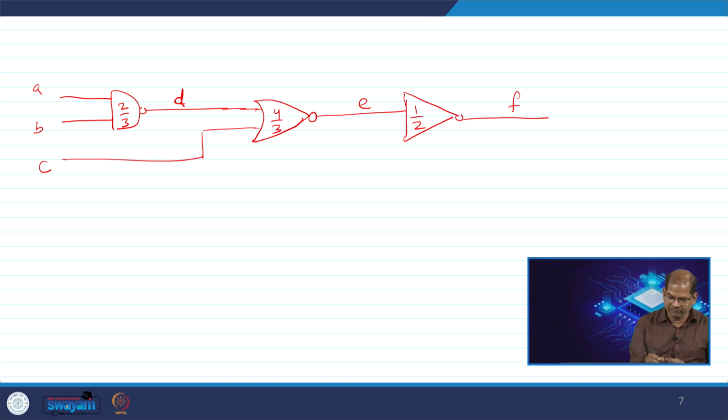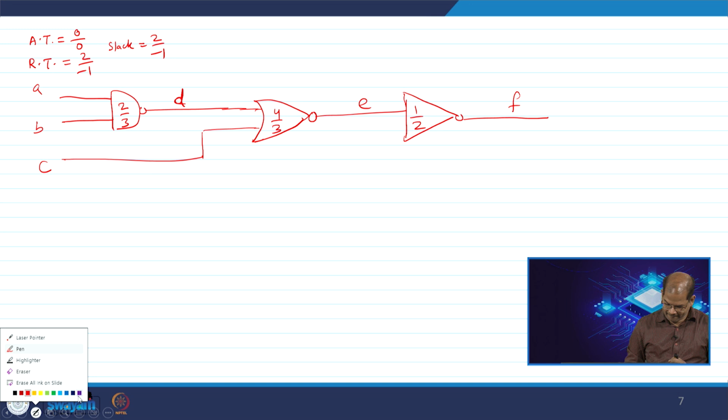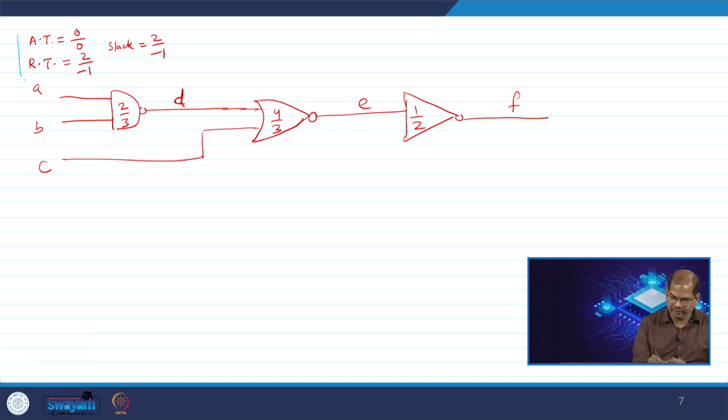I am writing for A and B together because both have the same arrival time. Arrival time is 0 and the required time at this point is basically 2 by minus 1 and the slack here is 2 by minus 1. So, this is related to A and B.